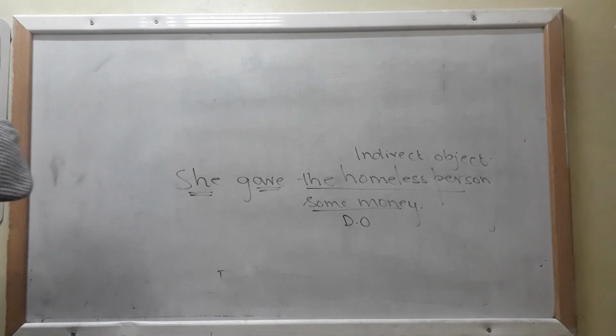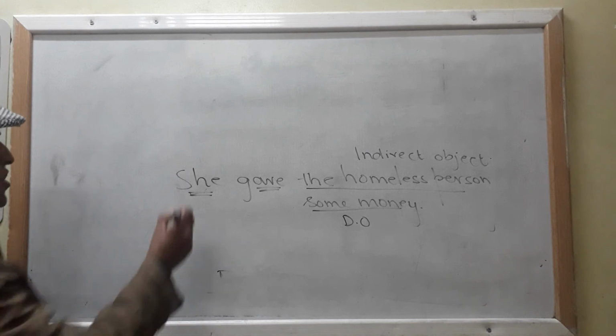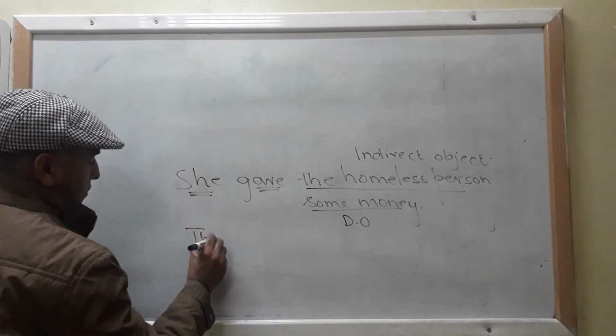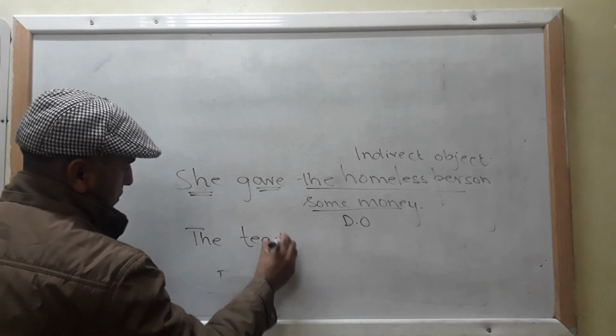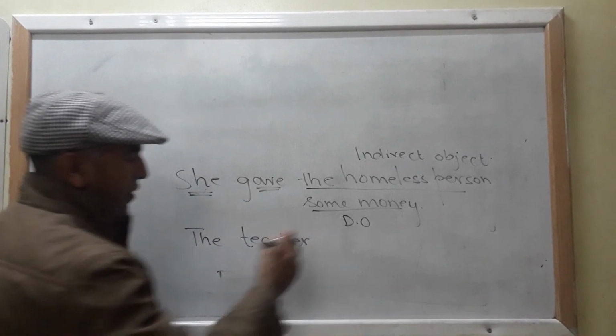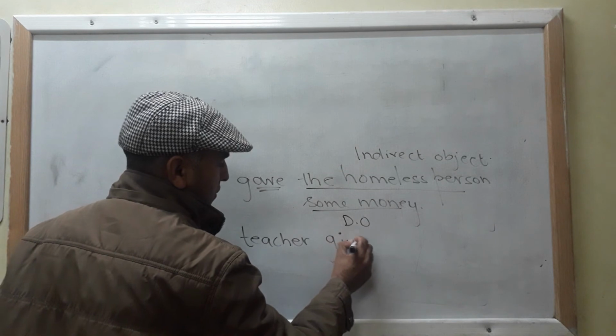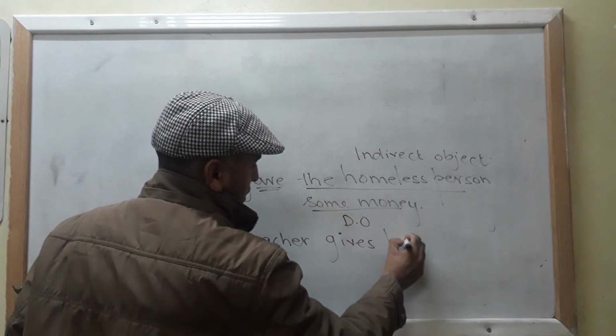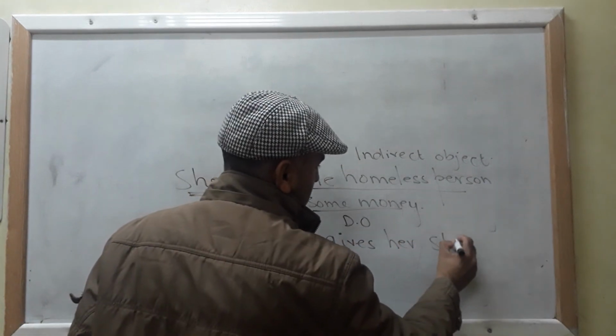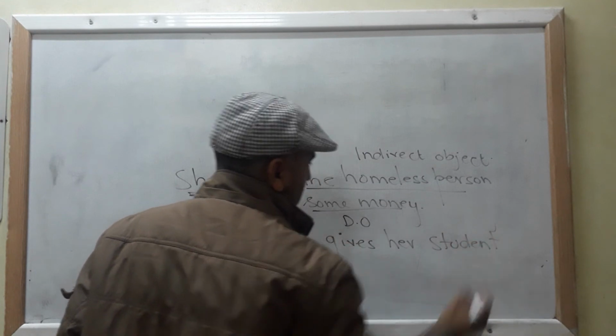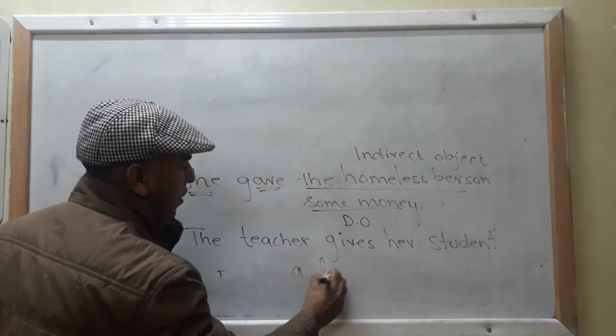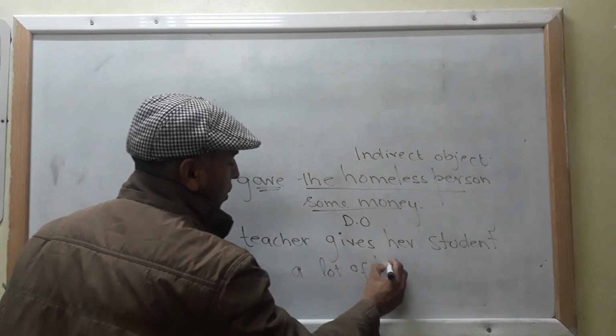So let me tell you another example that would be of great help to you so far as the topic is concerned. The teacher gives her student a lot of homework.